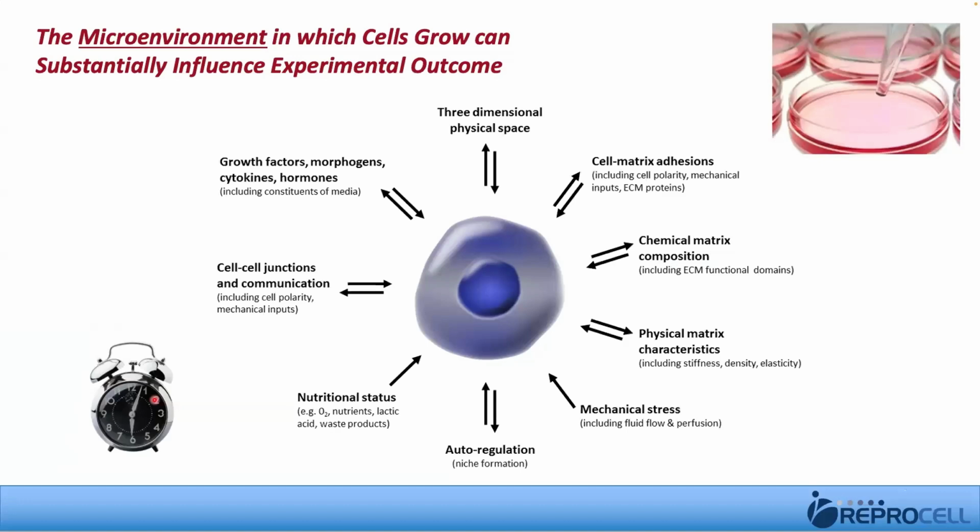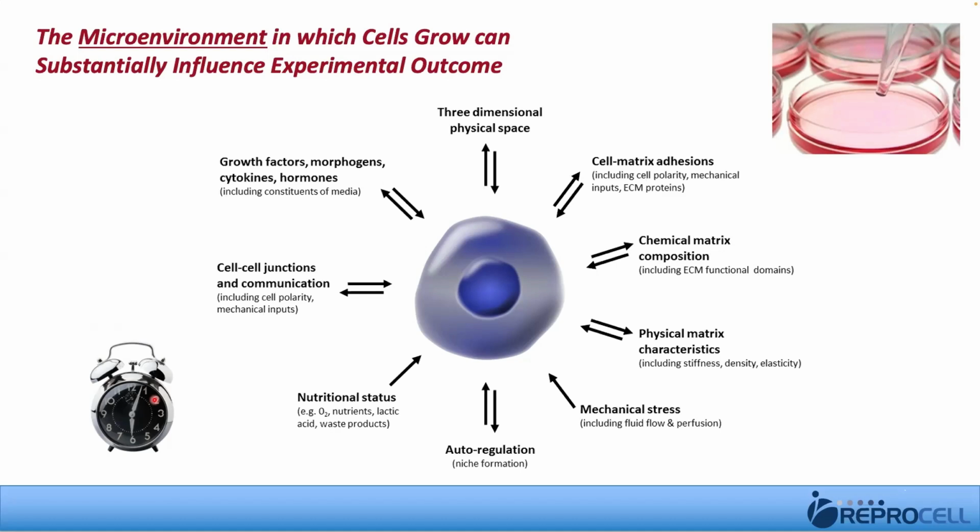In our laboratory at Durham University, we have been working for many years investigating how the microenvironment in which cells grow in a petri dish can influence the outcome of experiments, and this is an effect through the action of various parameters on the cells growing in the dish.